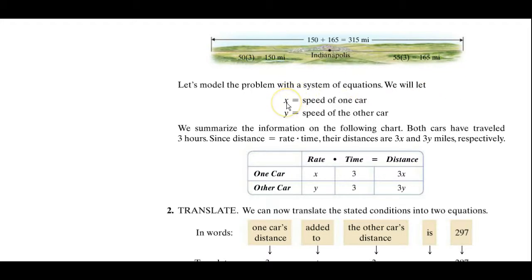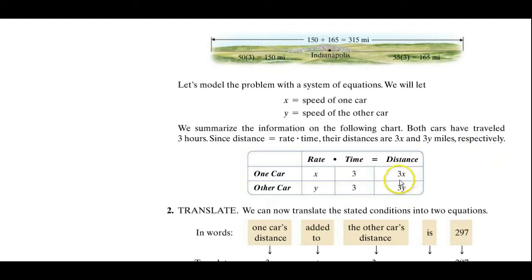So the speed of one car we're going to call x. The speed of the other car we're going to call y. So we know the distance is rate times time. So one car's distance is this. The other car's distance is that.